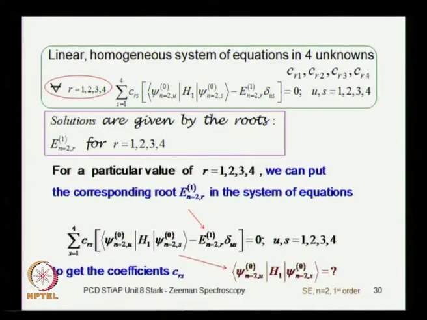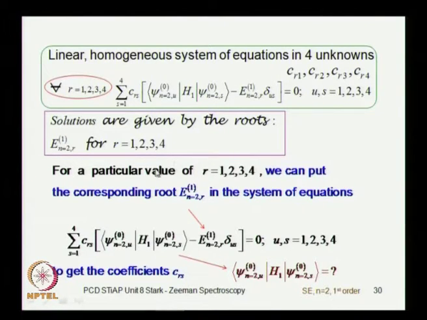So, we have to set up these equations, and there are 4 of these because there are 4 degenerate states: one is the 2s and then there are the 3 2p orbitals. For L equal to 1 you have m going from -1 to 0 and +1, so there are 3 2p orbitals and 1 2s orbital, and all of them are degenerate.